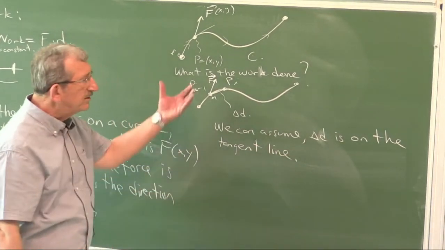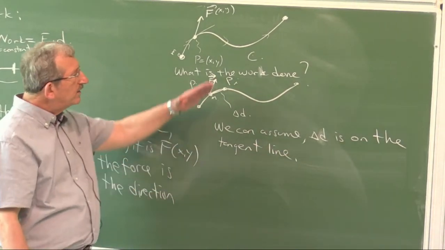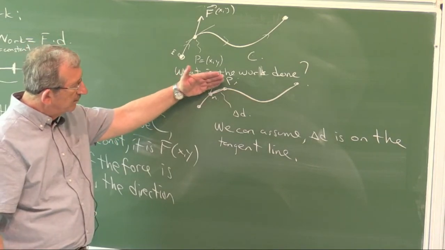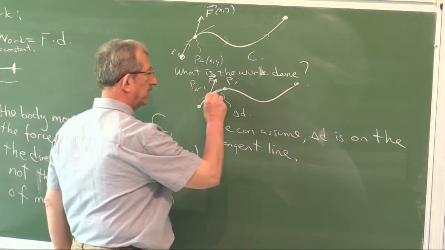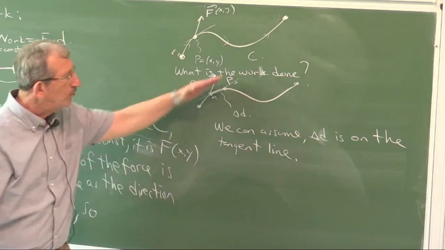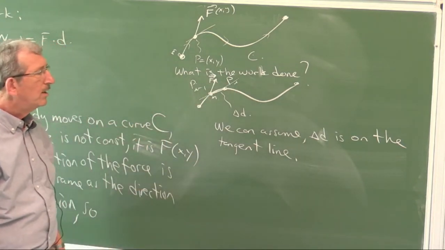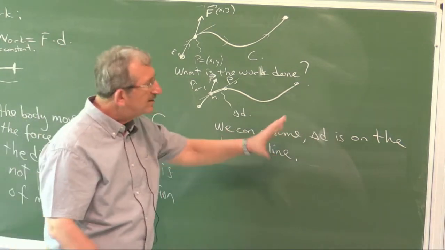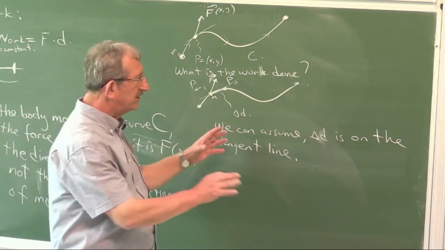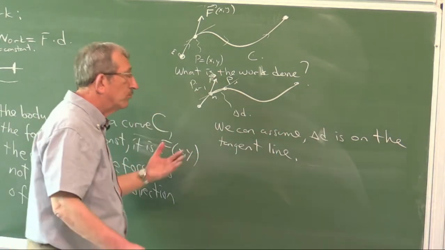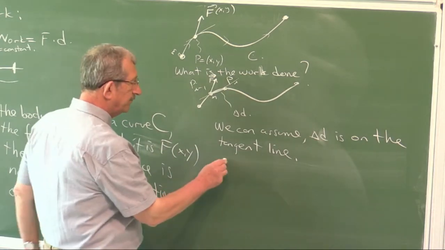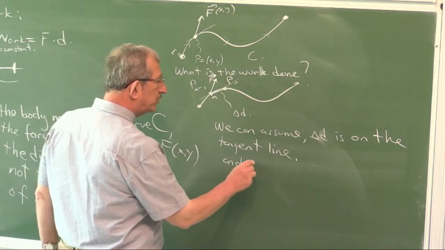Because if delta d is small, the tangent line is almost the same as the curve, so we can assume that it is a distance on the line, almost.